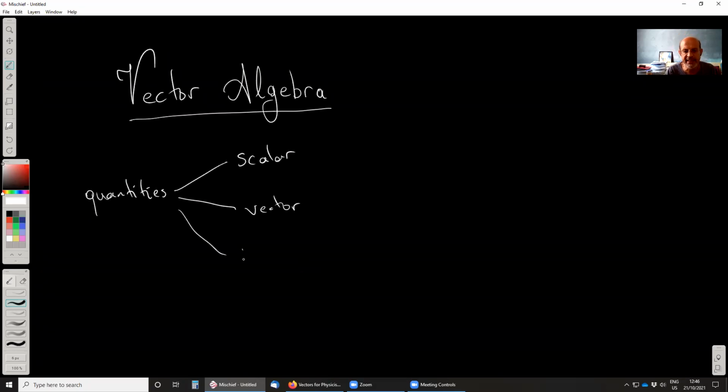There are tensor quantities. But let's just forget about this here because in this course, we're not going to see any tensor quantities, with a small exception, but I'm not going to mention this anywhere. Even in the undergraduate study, in the major courses, you're not going to see any such tensor quantities. So as a result, let's just forget about them, okay?